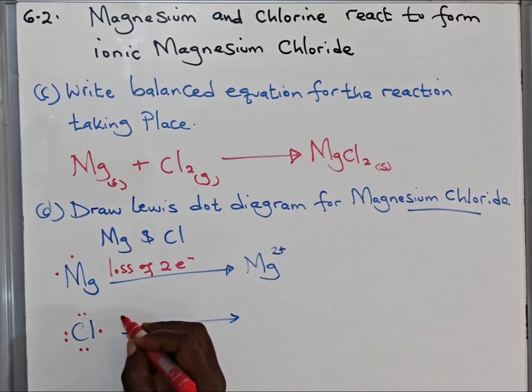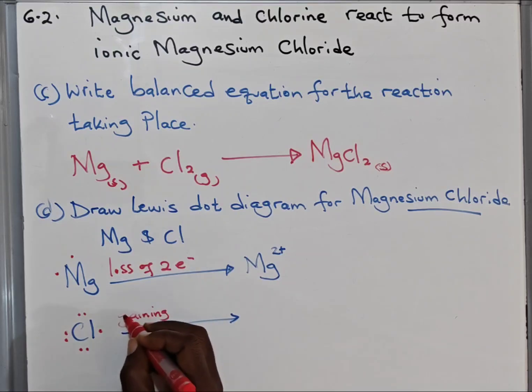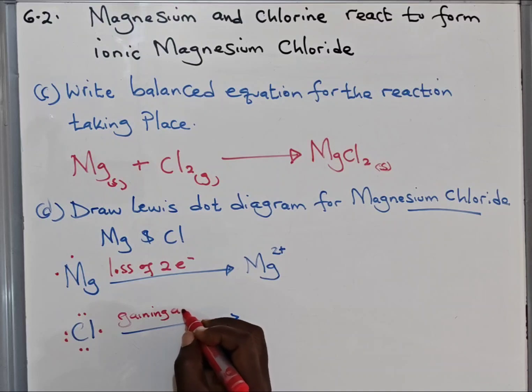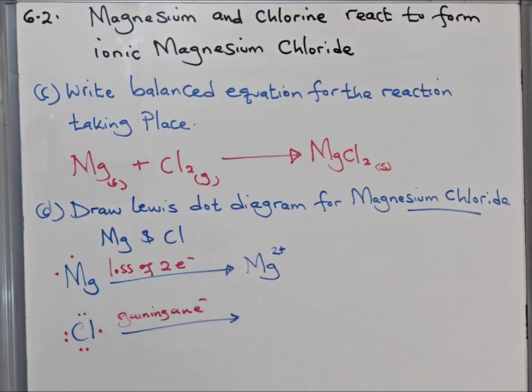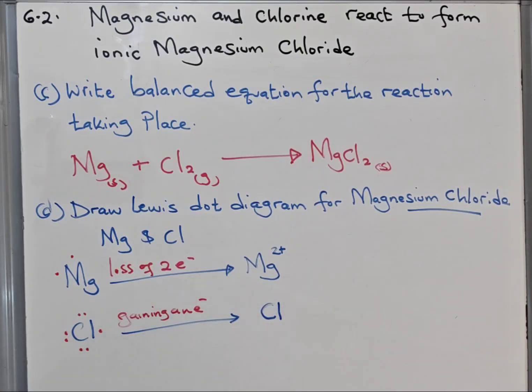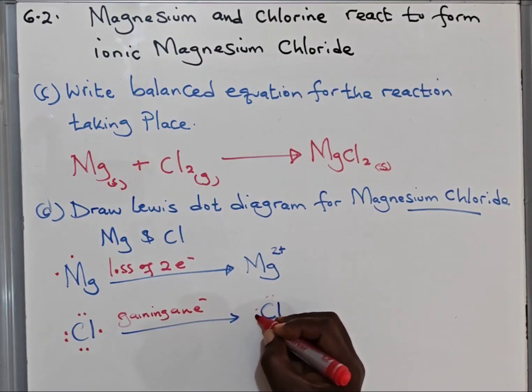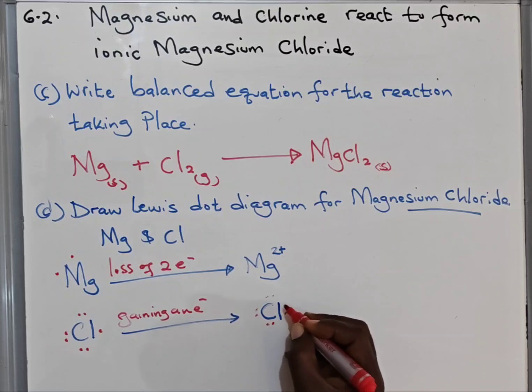So in other words, we can indicate here gaining an electron. When an electron is gained, this is what we are going to have. We have our symbol there, and we indicate all the electrons we have in the outermost shell.